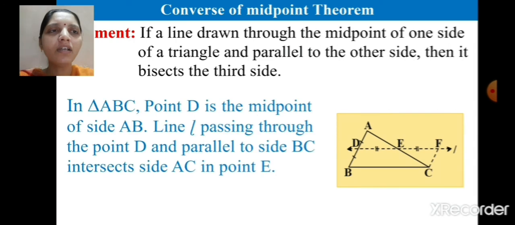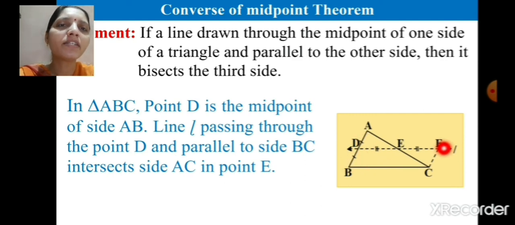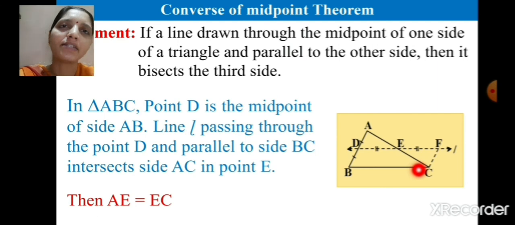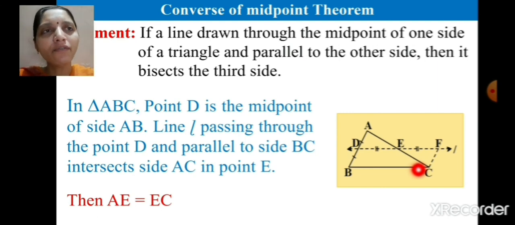That means in triangle ABC, if point D is the midpoint of side AB, line L is passing through the point D and parallel to side BC, intersects AC at point E, then we have to prove that AE is equal to EC. So this is called the converse of midpoint theorem. This we don't have to prove, only the statement you have to remember.